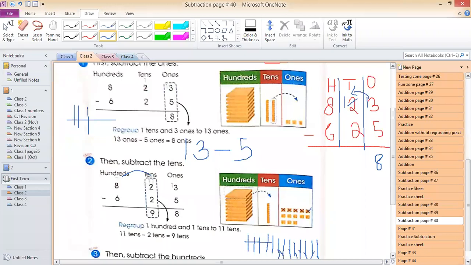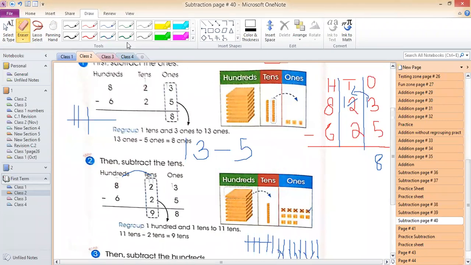Now, how many tens are left? There are not 2 tens. Only 1 ten is left. Can you subtract 2 from 1? No. If you draw 1 line, you cannot subtract 2 lines. You can only cut 1 line. So you can only subtract 1 from 1. You cannot subtract any number which is more than 1.